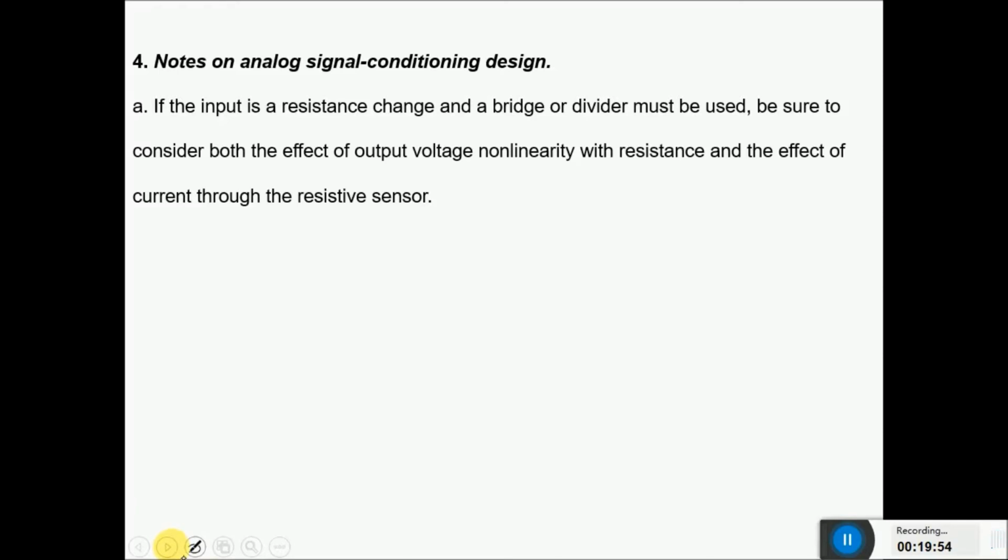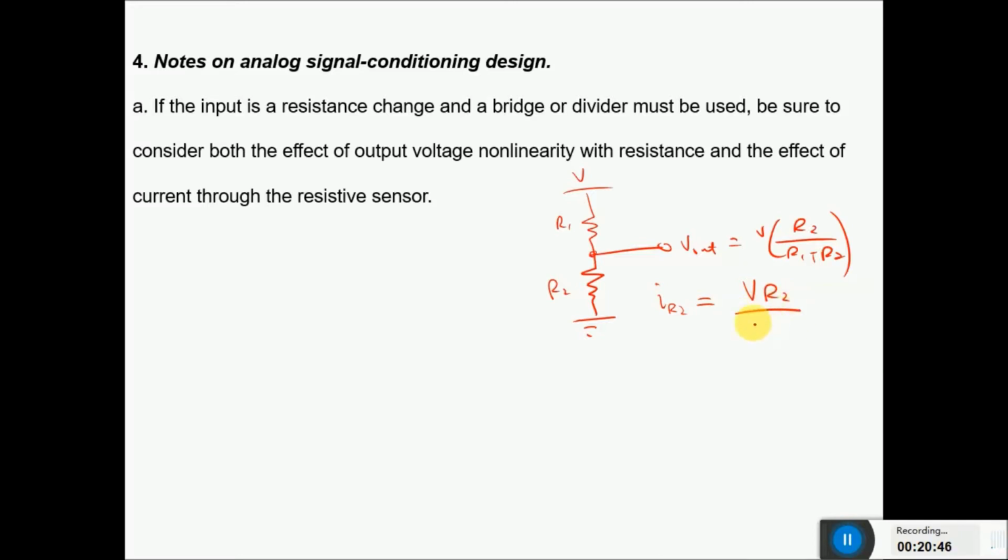For example, if the input is a resistance change and a bridge or divider must be used, make sure you consider the effect of output voltage nonlinearity with resistance and the effect of current through the resistive sensor. For example, if you have a potential divider circuit, so this is R1, this is R2, and this is V out. V out is equal to V into R2 over R1 plus R2, and I R2 is equal to V over R1 plus R2.